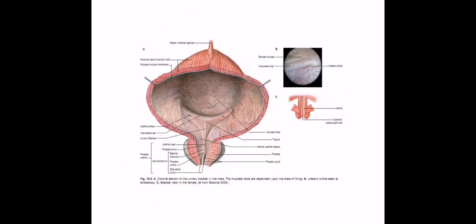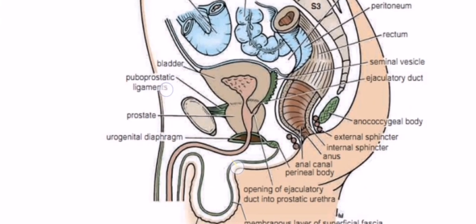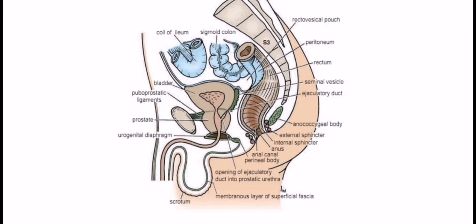Now, the next topic, we are going to talk about the ligaments of the bladder. These are condensations of pelvic fascia, anchoring the bladder inferiorly to the pubis and lateral pelvic walls and the rectum.